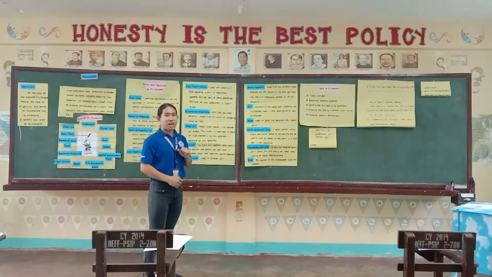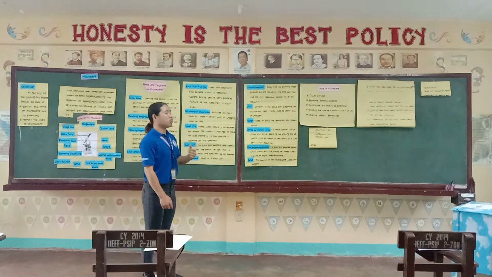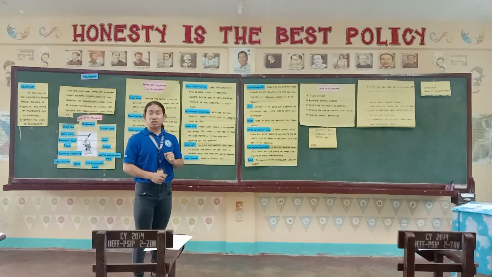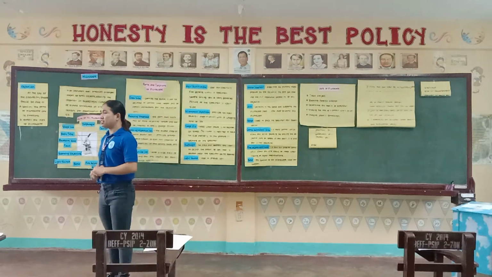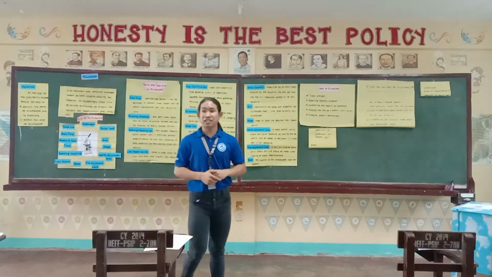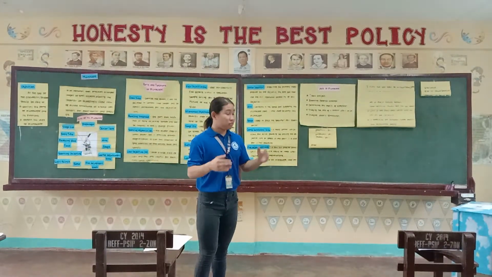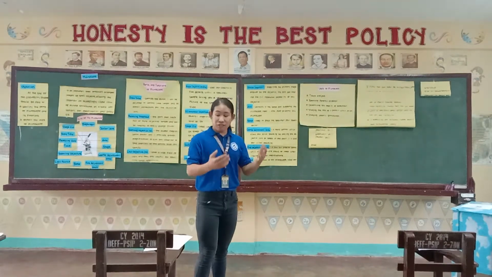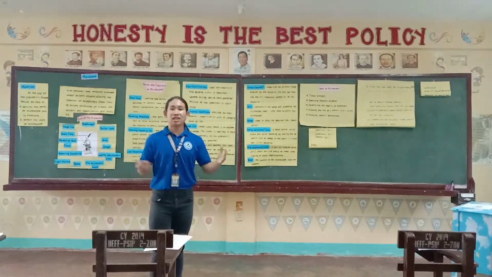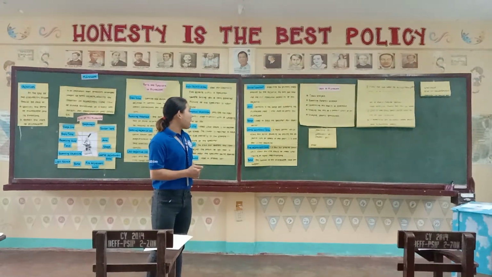And also third, we have determining the health of ecosystem. Why is it that microscope is used to determine the health of ecosystem? As we all know, class, the ecosystems are very diverse and there's a lot of microorganisms living in the ecosystem.